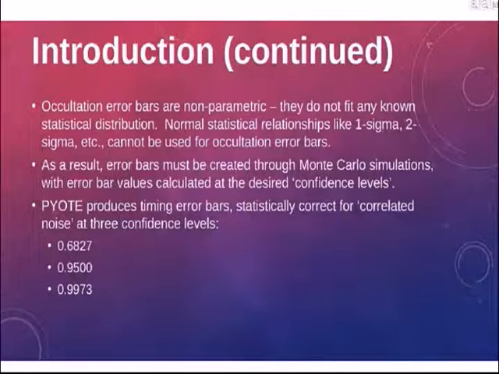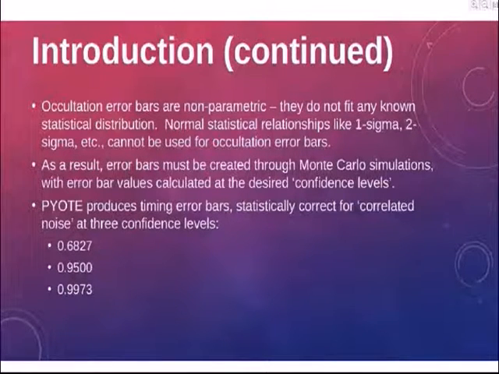So I mentioned after the question in the other presentation that occultation error bars are non-parametric. They don't fit any known statistical distribution, and we've checked all of them that we could find. Normal statistical relationships from Gaussian distributions like 1 sigma and 2 sigma don't apply and cannot be used. So that's why error bars are created through Monte Carlo simulations, and then the error bars have to be calculated at the desired confidence levels.